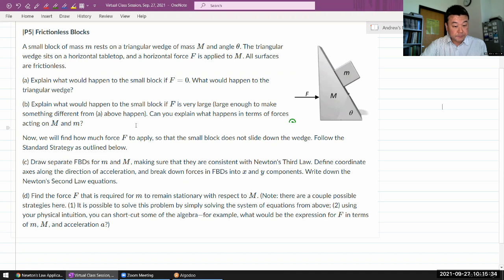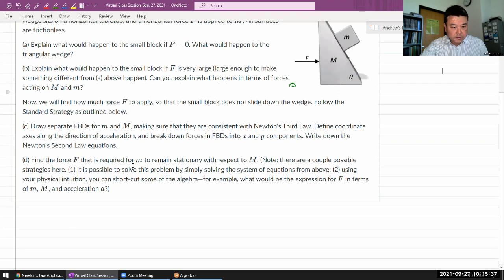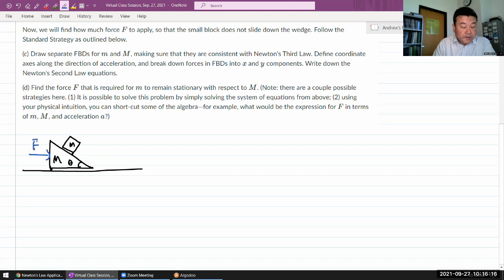So let's work through the standard strategy to figure this out. If someone simply asked, what force F do you apply so that the block doesn't slide down, this is where I hope you will see the limitations of just the intuitive approach.